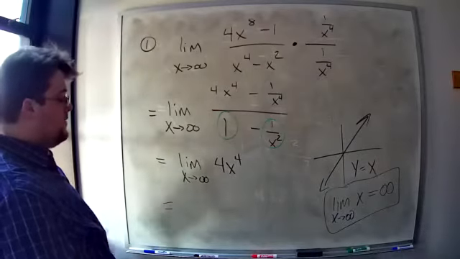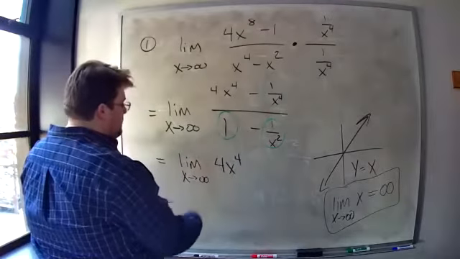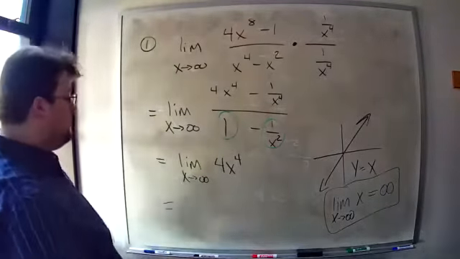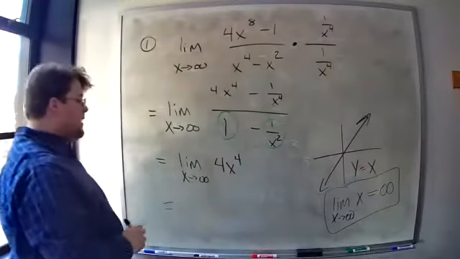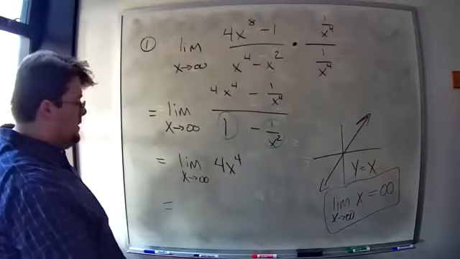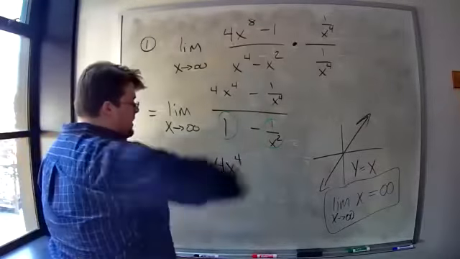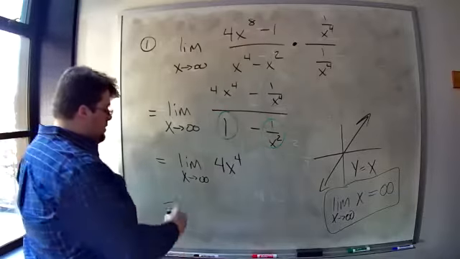Another way, without a graph, to make that observation is you can pull out the 4 and then just deal with x to the 4th, or you could consider this entire function, 4x to the 4th. What does that do as x gets larger? As x gets larger, x to the fourth is going to keep getting larger, and multiplying that by 4 will cause it to continue to keep getting larger.